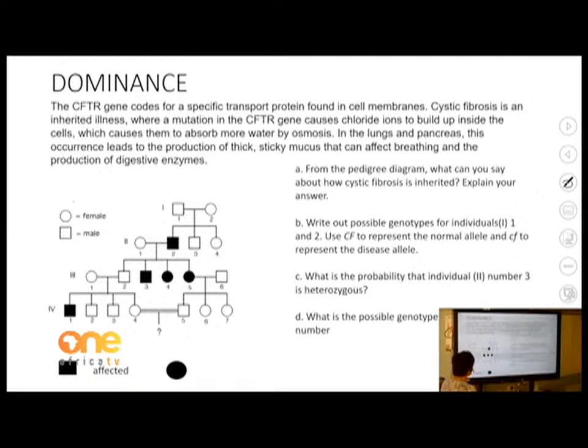From the pedigree diagram, what can you say about how cystic fibrosis is inherited? Explain your answer. So I have female and male, and the colored ones are the affected ones. If I look at the parents and the F1, the first generation, I again see one has cystic fibrosis.